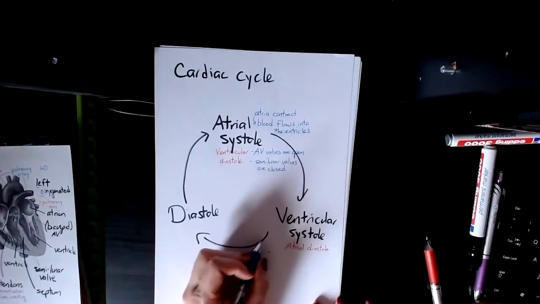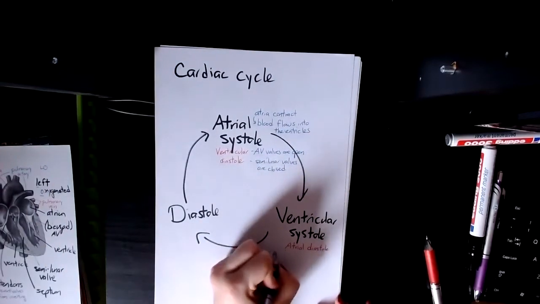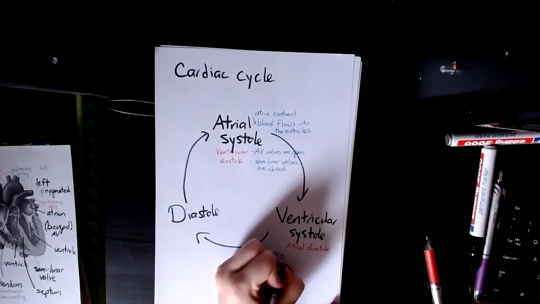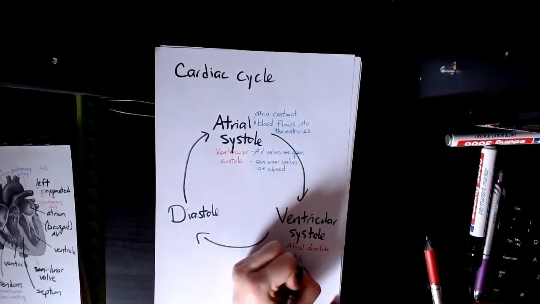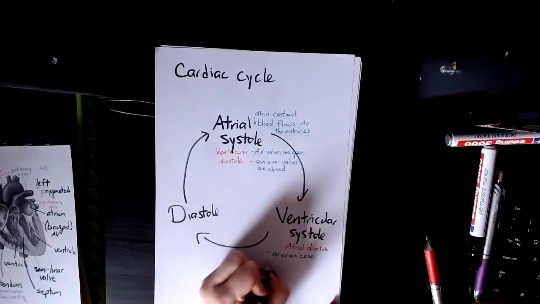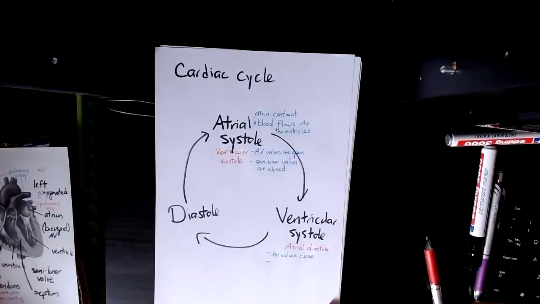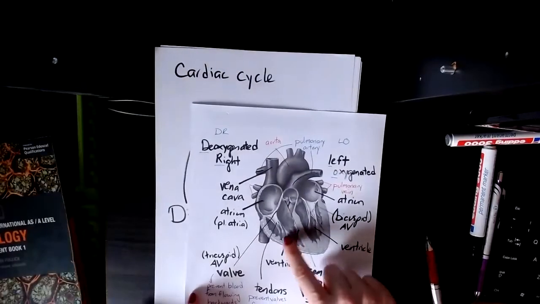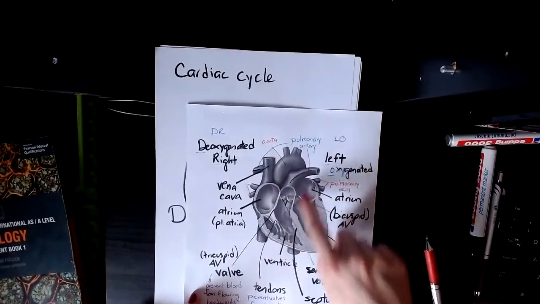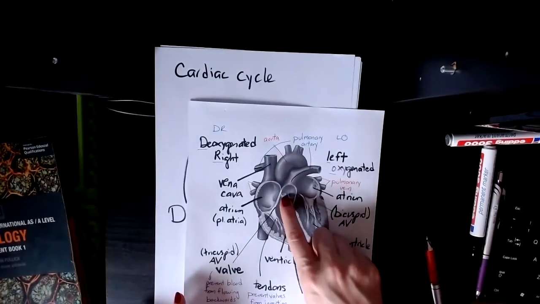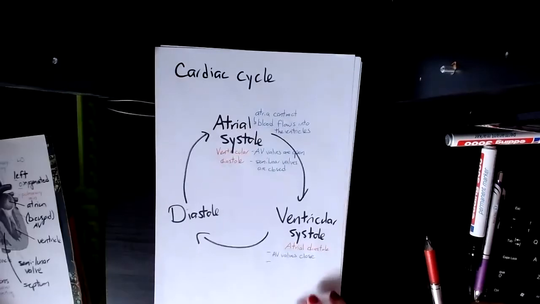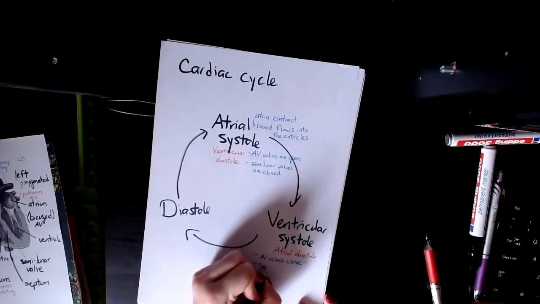Okay, so when the ventricles contract, the AV valves will slam shut. Okay, and the semilunar valves open, because again, what you're doing is you're forcing the blood into either the aorta or the pulmonary artery, and so these semilunar valves have to open.